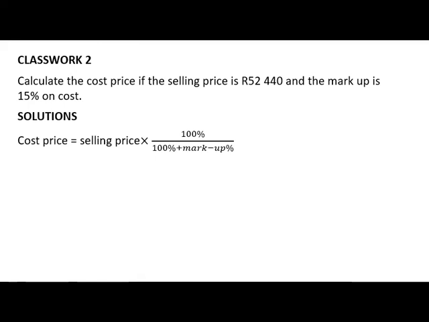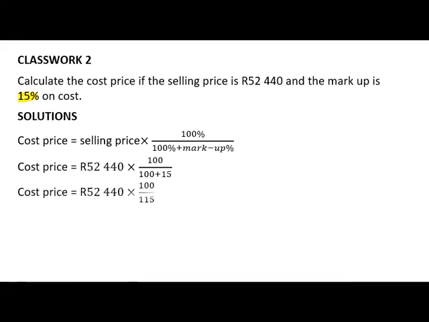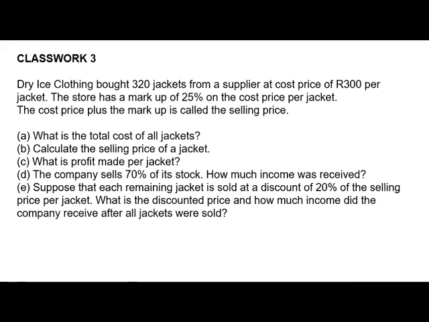Selling price according to this question is 52,440 times 100 divided by 100 plus 15 because the markup is 15%. 100 plus 15 is the same as 115. When you divide 52,440 by 115, it will give you 45,600. Now, try this one out.